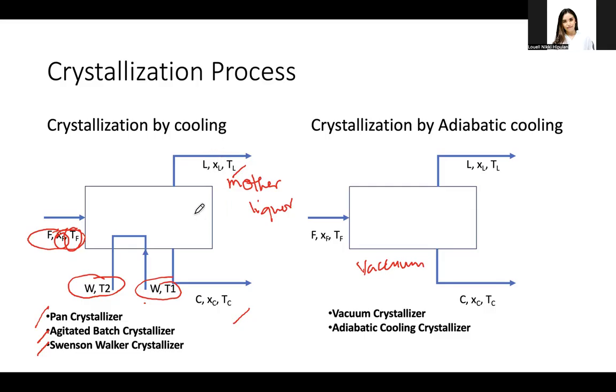An example is your vacuum crystallizer or adiabatic cooling crystallizer. Same, you have your feed F, which enters at temperature TF, and the products are your crystals C and your mother liquor L, which come out at lower temperatures TC and TL respectively.